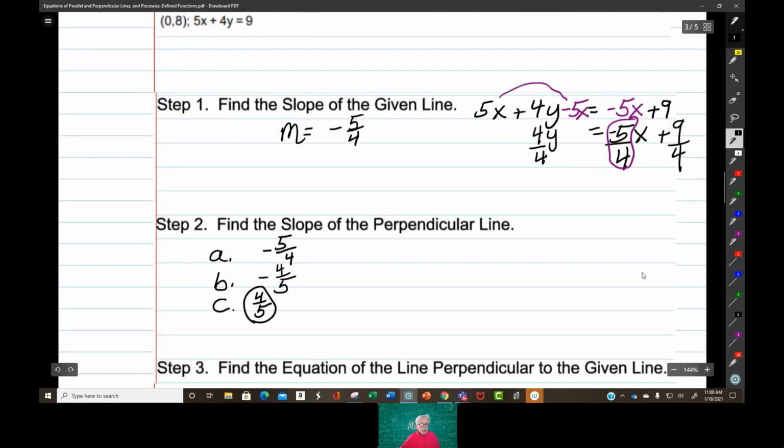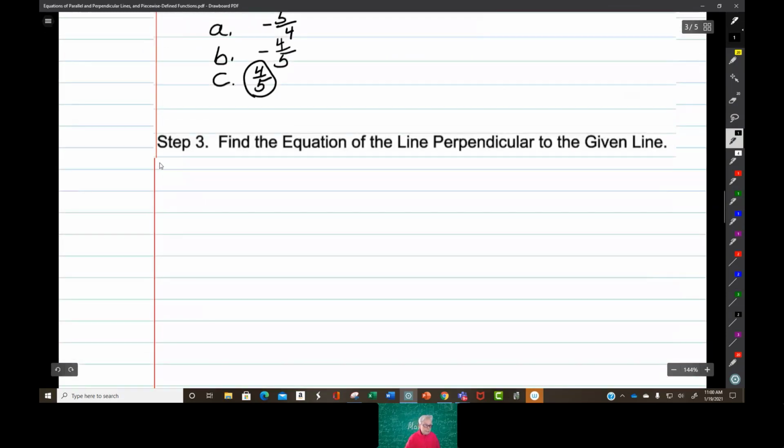So again, I look at 0, 8, okay. This new line that we're finding goes through the point 0, 8. So I write y minus y1 equals m times x minus x1.